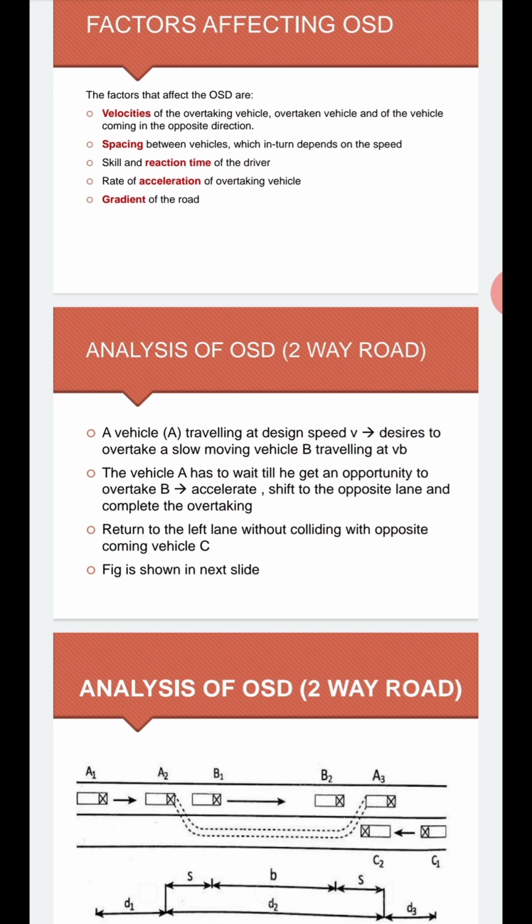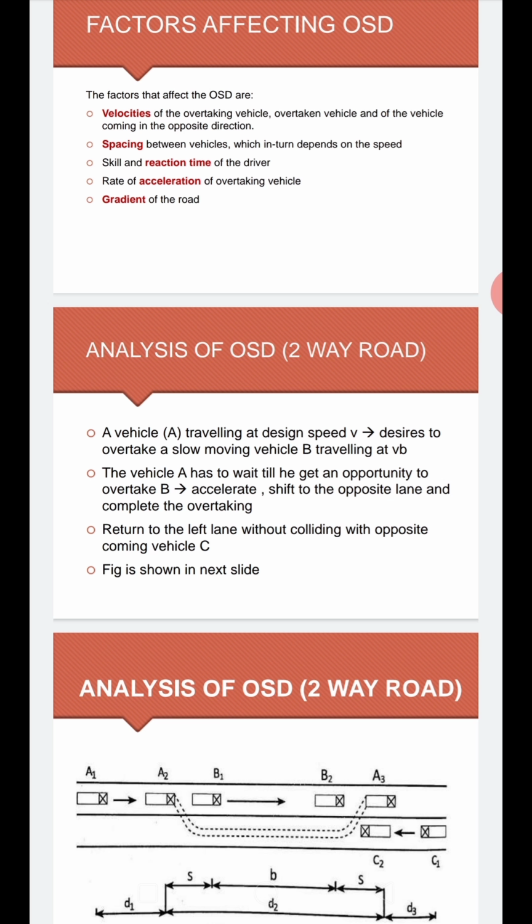Next is analysis of OSD on a two-way road. In the diagram below you can see vehicles A, B and C. Vehicle A is traveling at a design speed V and desires to overtake the slow moving vehicle B, which is moving at a speed of small vB.